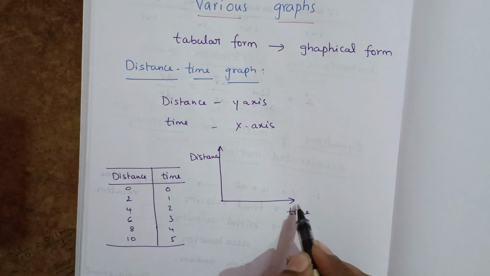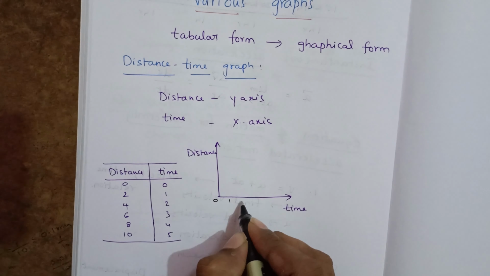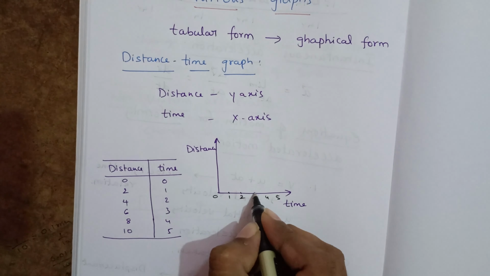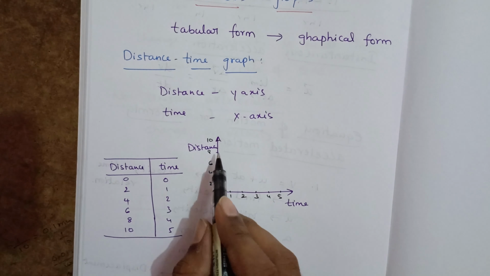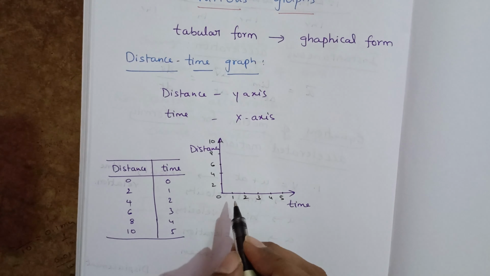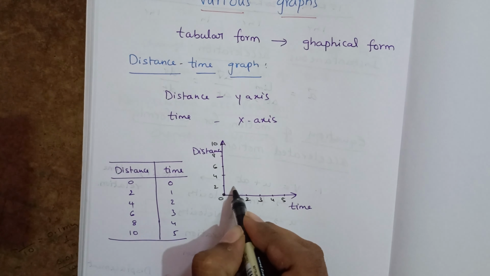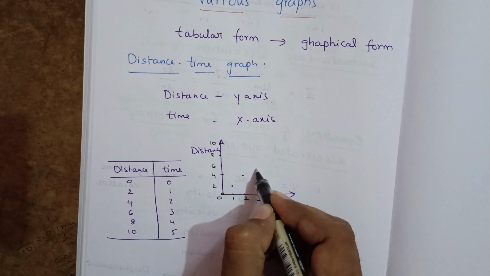Now see, on the x-axis, time we are taking 0, 1, 2, 3, 4, 5. Scale: time on the x-axis 1 equal to 1, y-axis 1 equal to 2. So for 0 second, it travels 0 meters. First second, 2 meters. Second second, 4. Third second, 6.